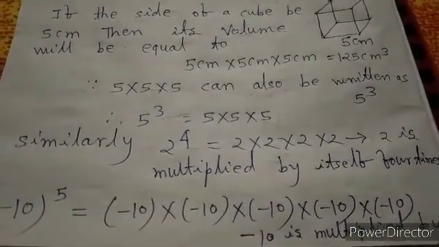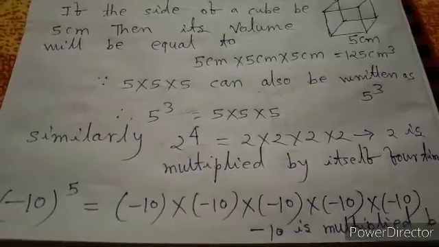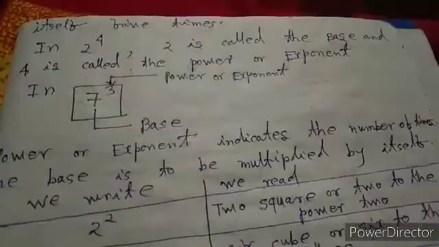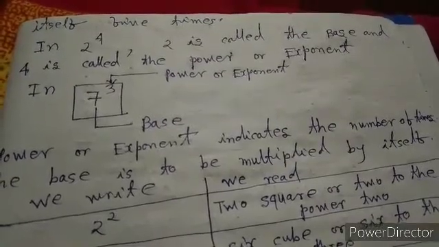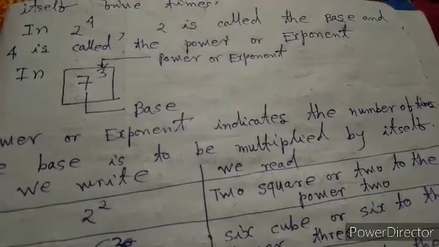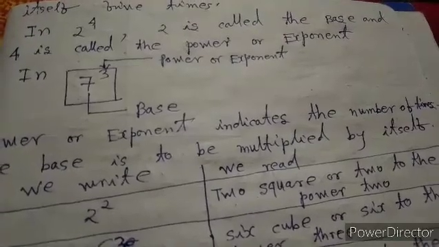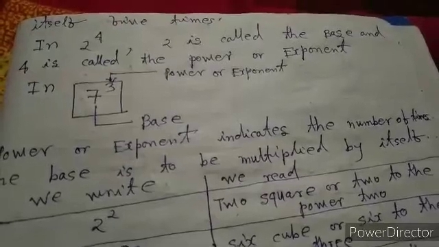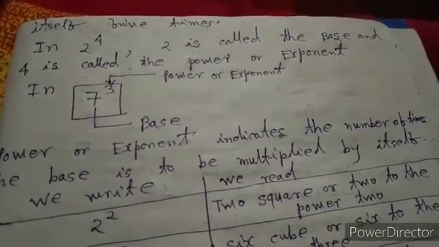Here minus 10 is known as the base and 5 is known as the power or exponent. In 2 to the power 4, 2 is called the base and 4 is called the power or exponent. In 7 to the power 3, 7 is called the base and 3 is the power or exponent.